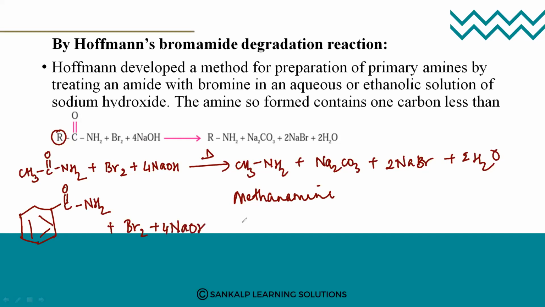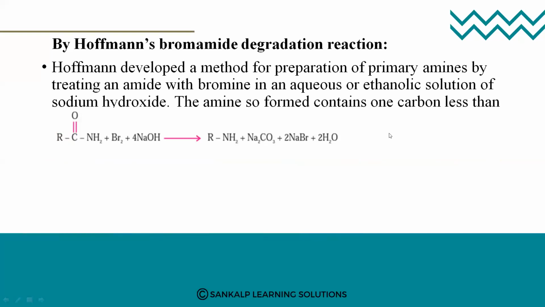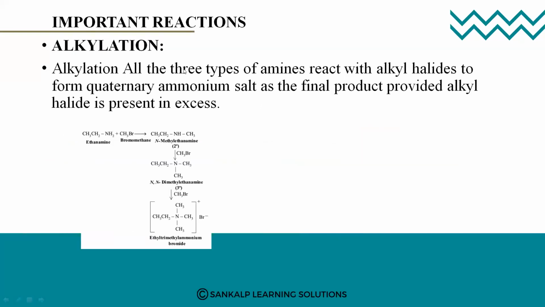You treat it with a base, and you get aniline plus Na2CO3 plus 2 NaBr plus 2 water. So this is an important reaction, that is Hoffman bromamide reaction, and then your Gabriel phthalimide reaction, very important reactions.